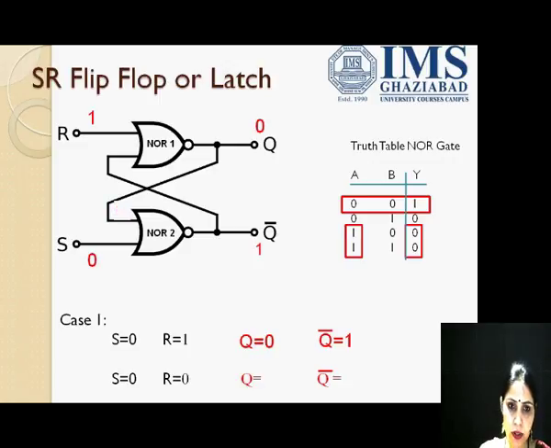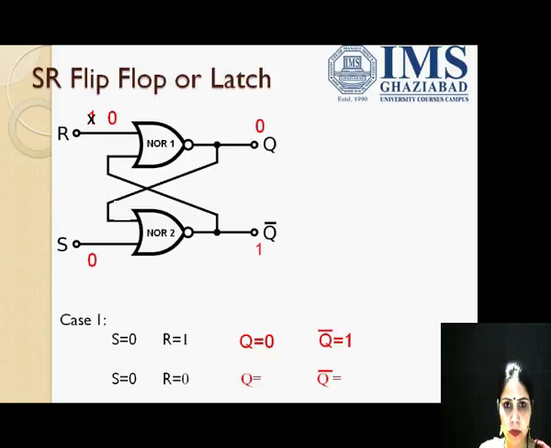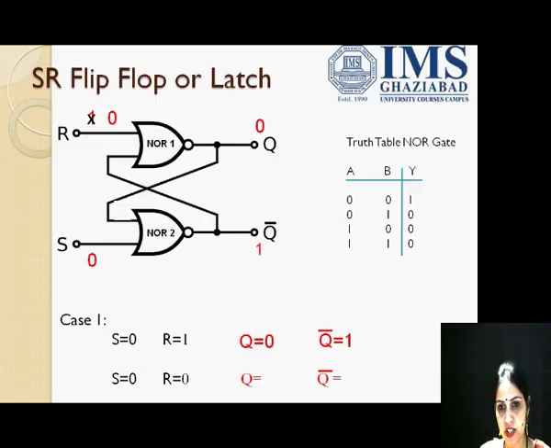If S is 0 and R is 1, this is the situation with us. Now here we see if the previous output Q is 0 and Q bar is 1, then this Q bar would be going as an input to NOR gate 1.